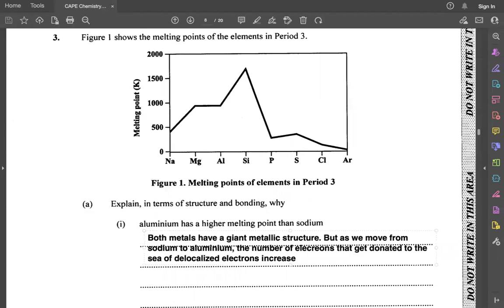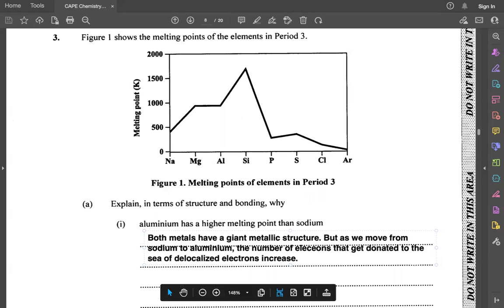Which are then bonded to positive ions, right? Because remember, that's what we have going on in metallic bonding, right? So what we're saying so far is that both of them have a giant metallic structure, but as we move from sodium to aluminum, the number of electrons that get donated to the sea of delocalized electrons increase, right?